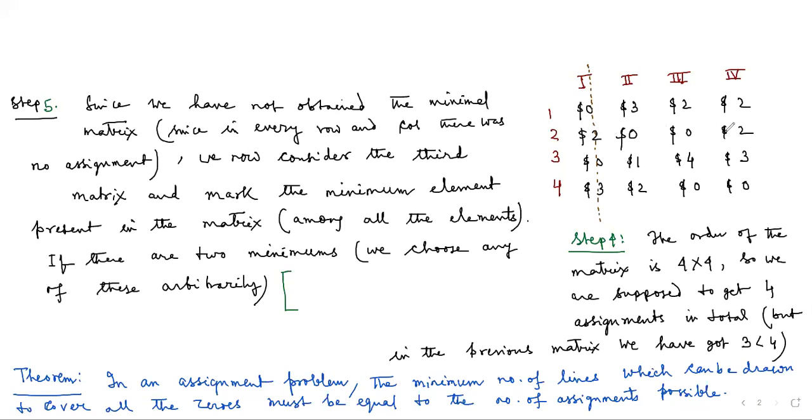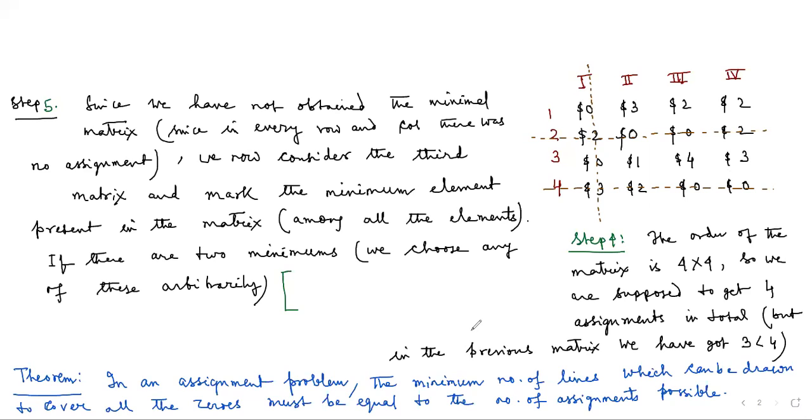The second row contains the maximum number of zeros, so you draw a dotted line like this. And then in the fourth row, there is a maximum number of zeros, so this will contain a dotted line like that. So by drawing these three lines, we could cover all the zeros present in the previous matrix.